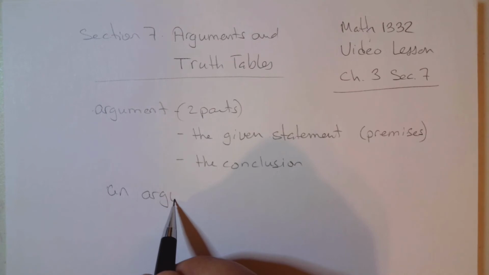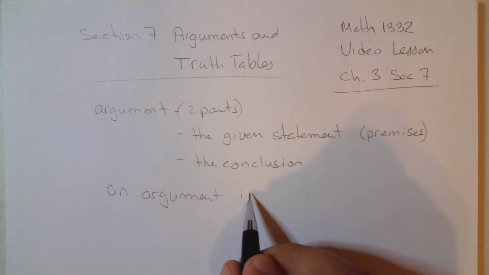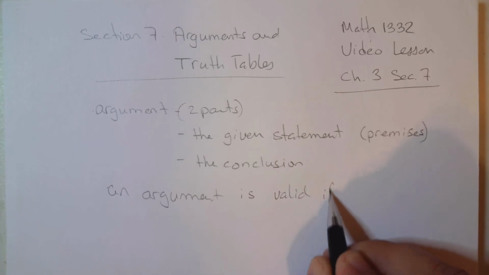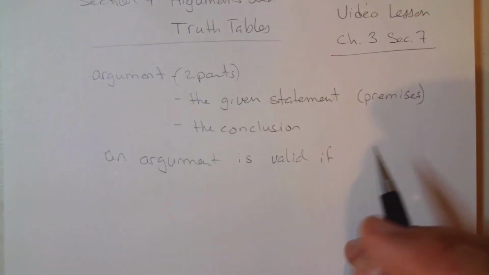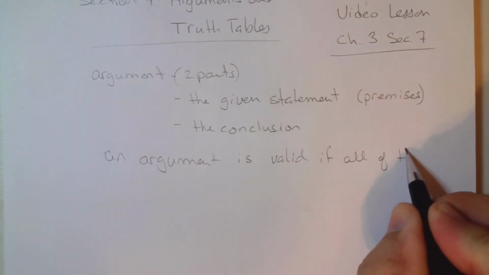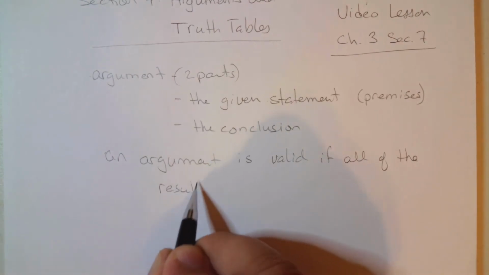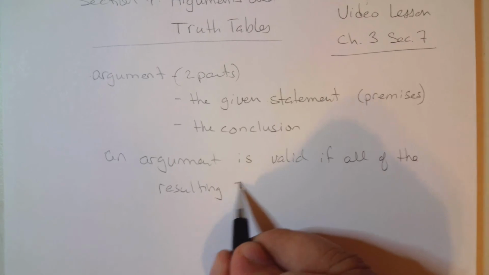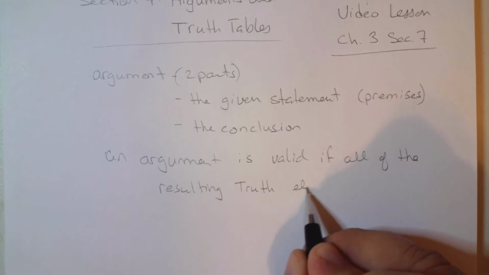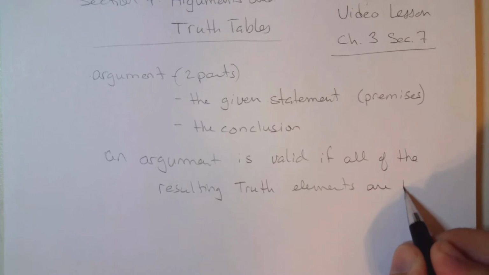An argument is valid. This is the interesting part. An argument is valid if all of the resulting truth elements on the truth table are true.